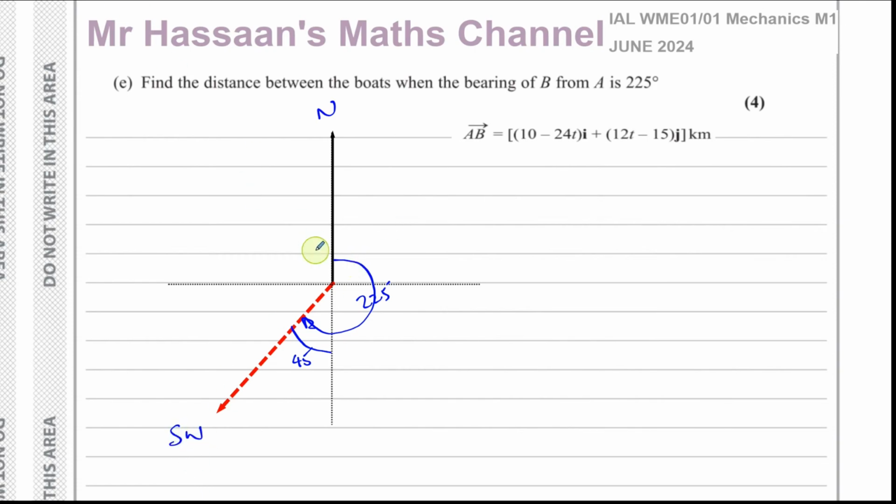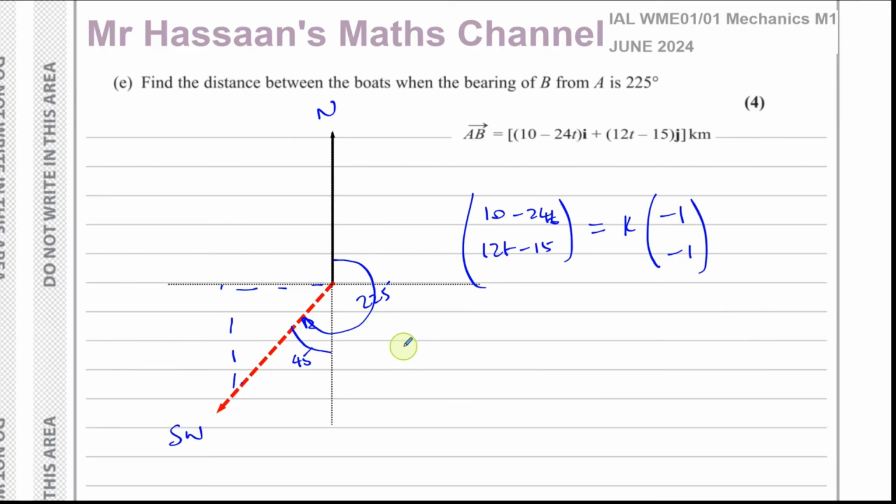So it's basically the I and J components are the same magnitude. So we can say that the I component 10 minus 24t and 12t minus 15 is going to be in the same direction as southwest. So it's going to be some constant times minus 1, minus 1.